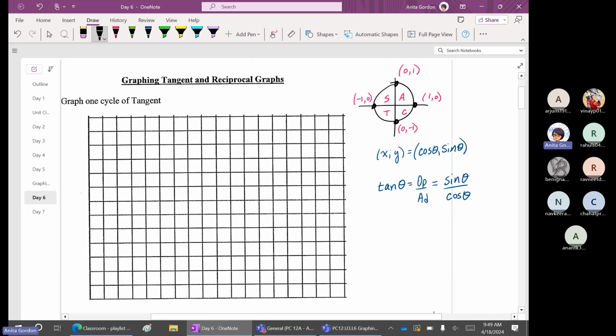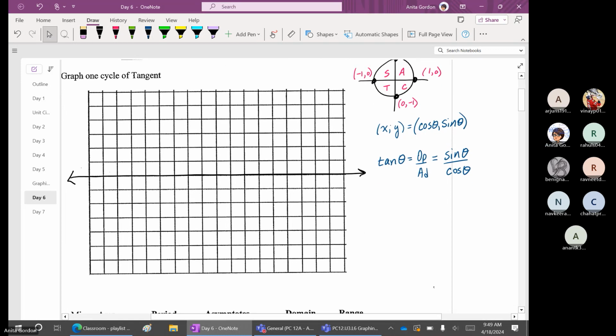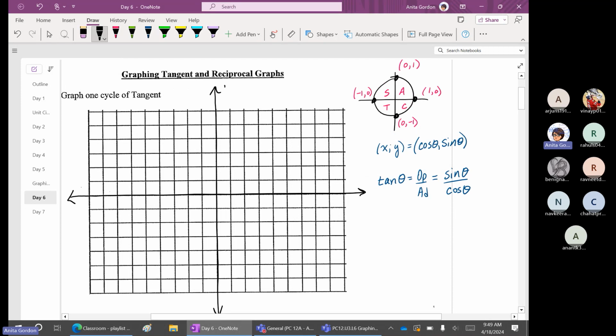What I'm going to do now is make an x, y graph. So now we are graphing tangent on the y-axis. We're going to graph the height of tangent on the y-axis, and we're going to track the angle on the x-axis. It's obviously going to start at 0, 0.